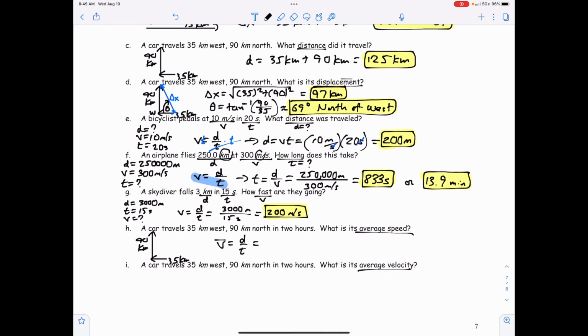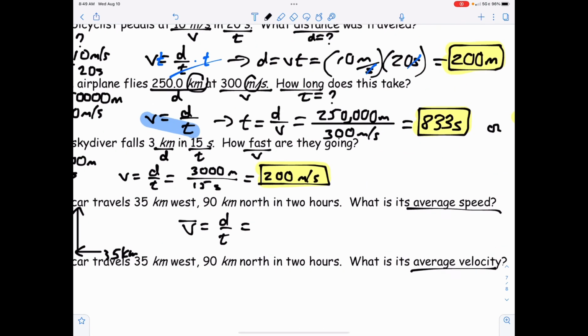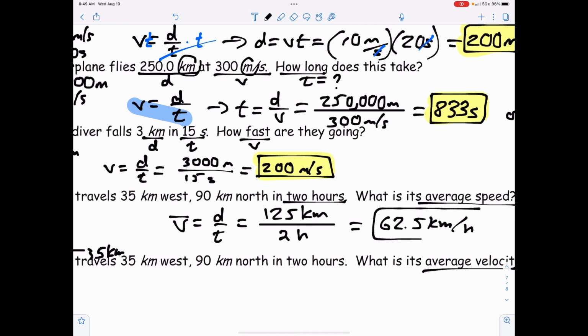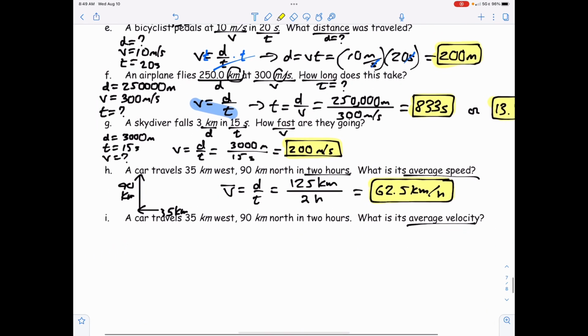Just look at your answer for part C right here. So 125 kilometers over 2 hours. Divide those two. And we get about 62.5 kilometers per hour. We'll just go ahead and leave it in kilometers per hour. Our normal unit of speed would be meters per second, but for the purpose of this exercise, we'll just leave it.